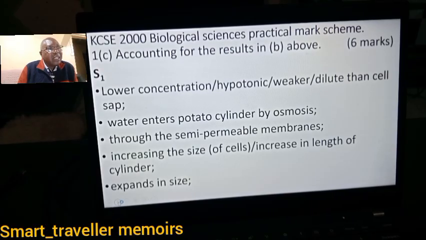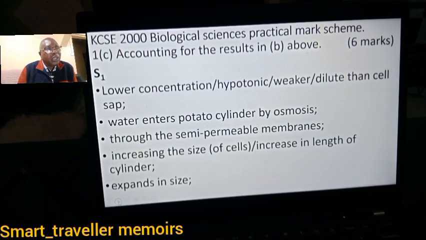We have alternatives for lower concentration, like hypotonic, weak, or dilute. And for increasing in size of cells, you can say increase in the length of the cylinder as an alternative.